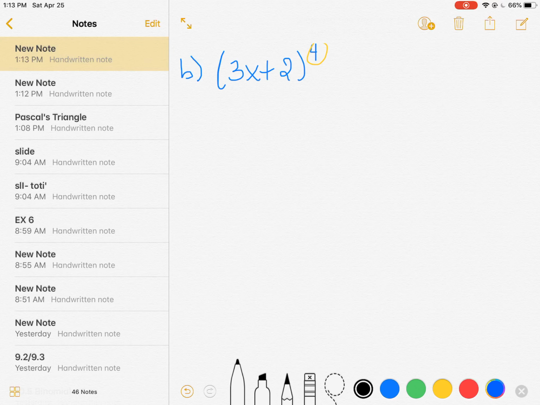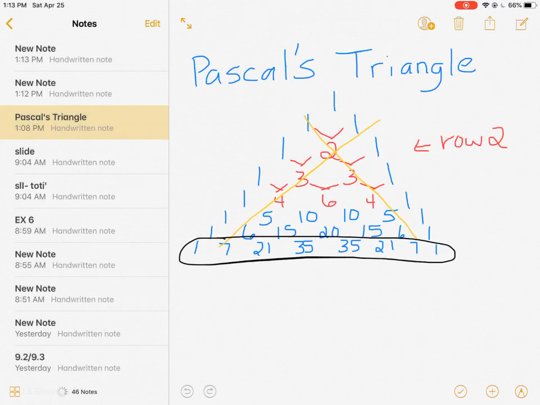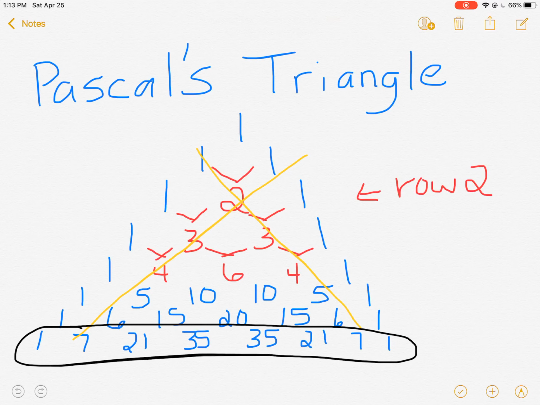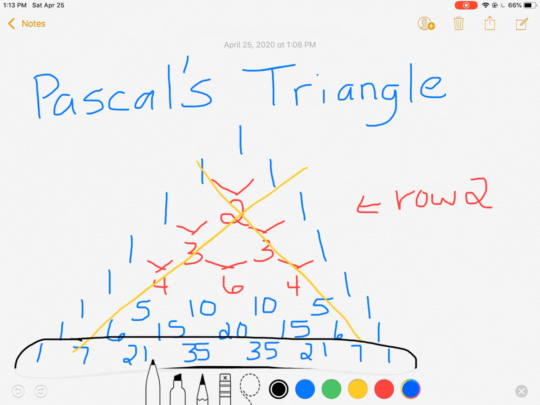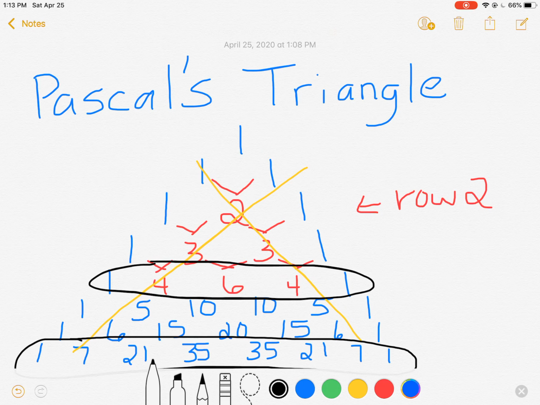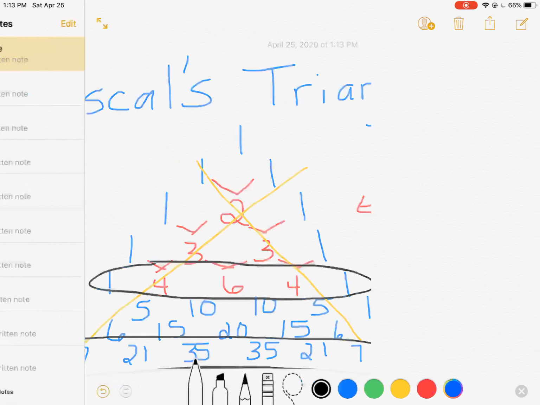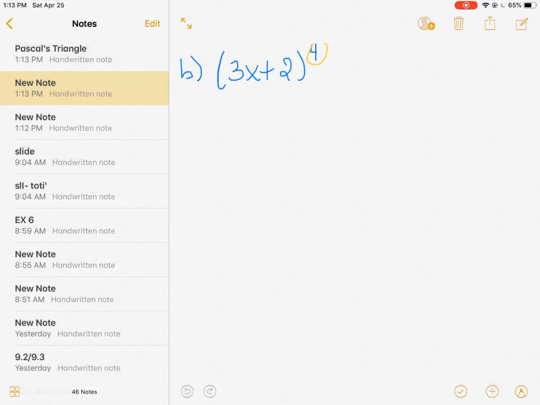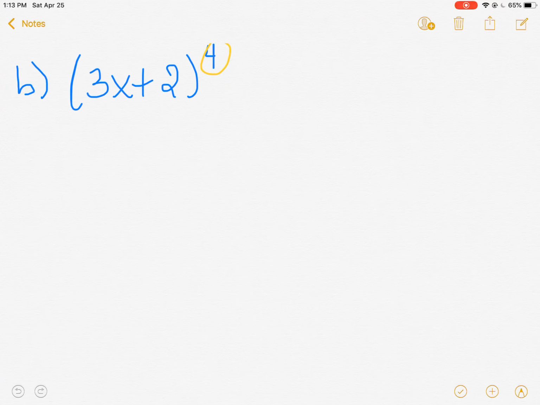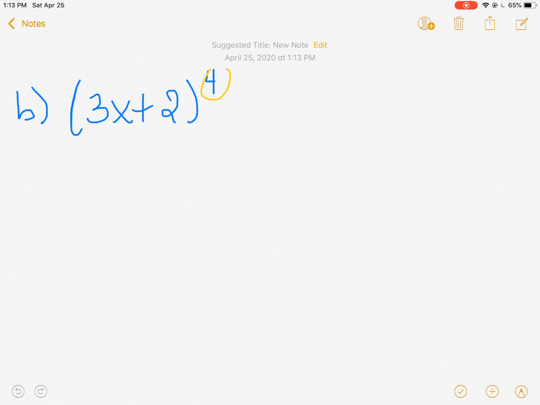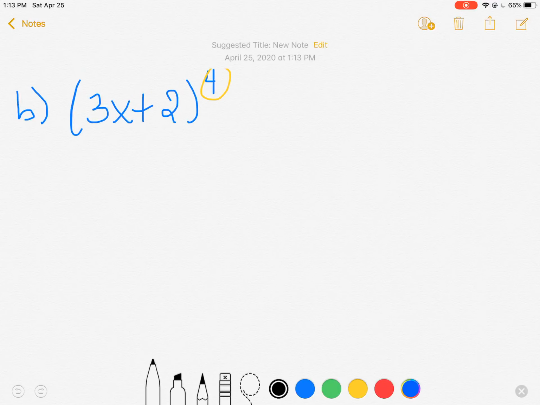So if I go back to my Pascal's triangle, here is the 4th row. So I'm going to use the numbers 1, 4, 6, 4, 1. So I'll go ahead and write those down. 1, 4, 6, 4, 1.